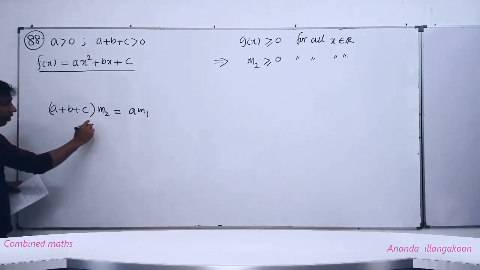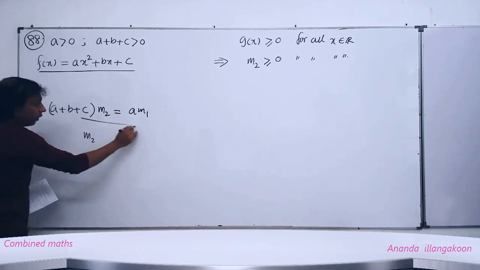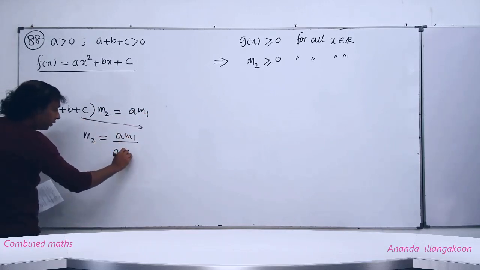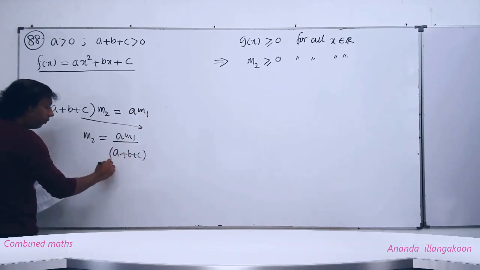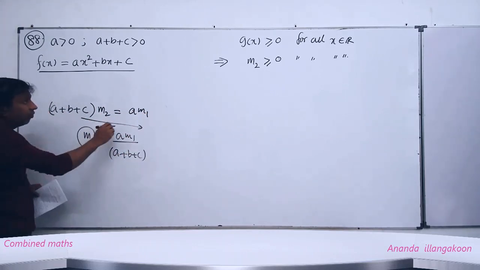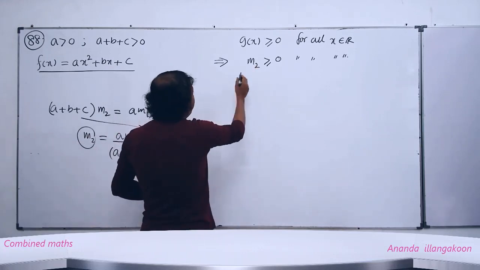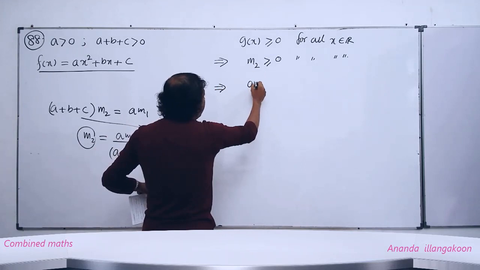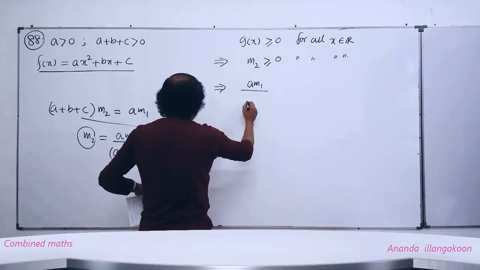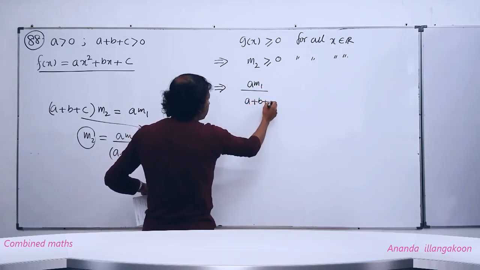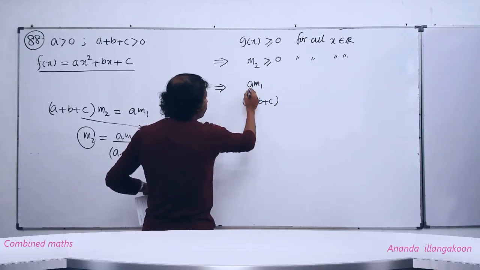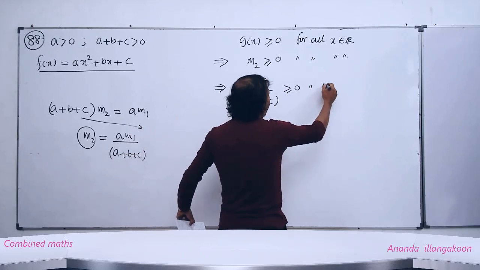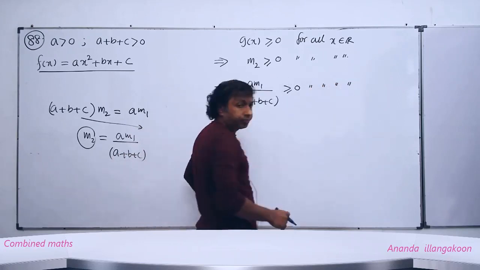By this, we can make m2 the subject, taking this right hand side: m2 equals a m1 divided by (a plus b plus c). Then for this m2 we substitute. This implies a m1 divided by (a plus b plus c) is greater than or equal to 0 for all x in R.